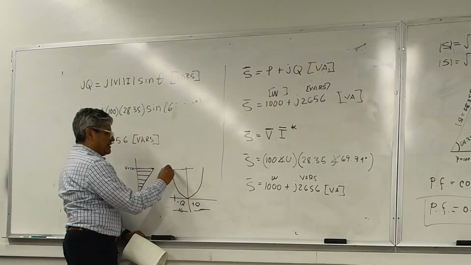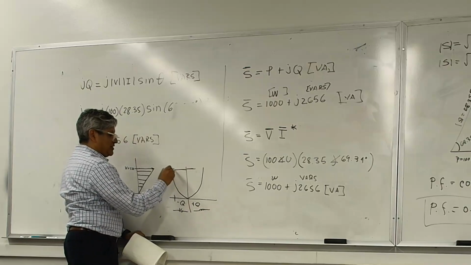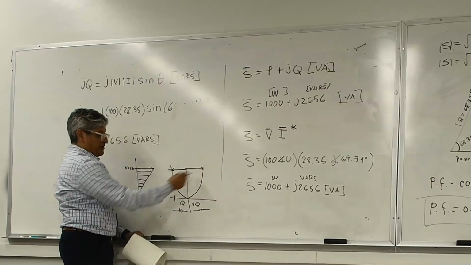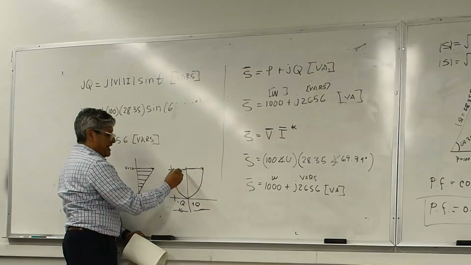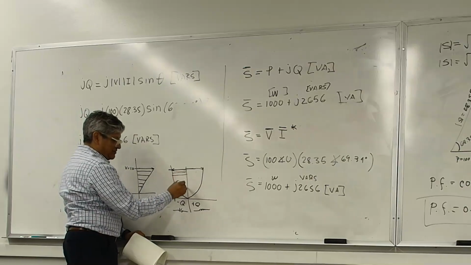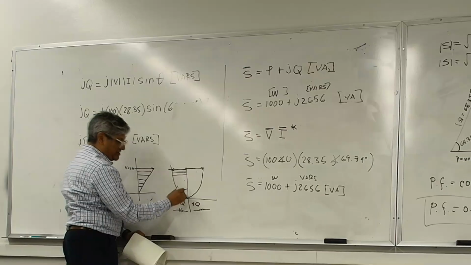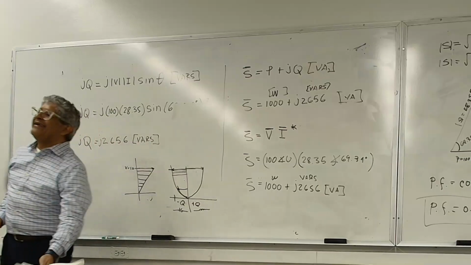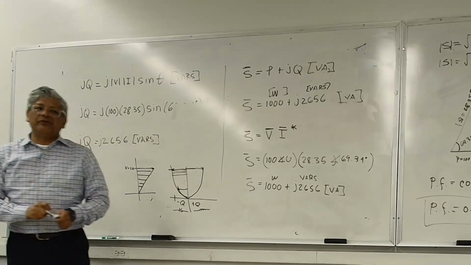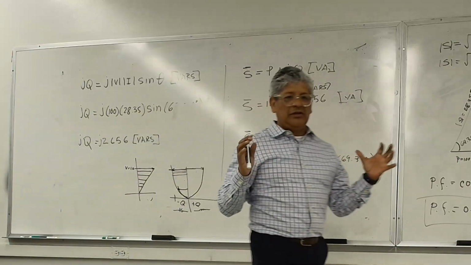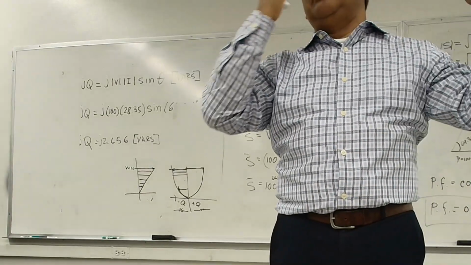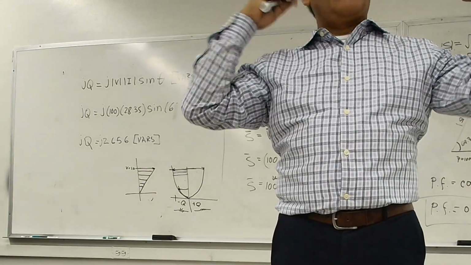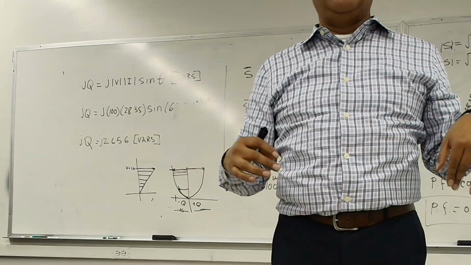And by the way, it gives you this much vars, whatever it's rated for, on either side, either injects or absorbs. And as the voltage goes down, it doesn't collapse all the way down until it gets to a very low voltage, then it starts collapsing. So the beauty of synchronous machines is that they can handle voltage much better than capacitors. They don't collapse right away.